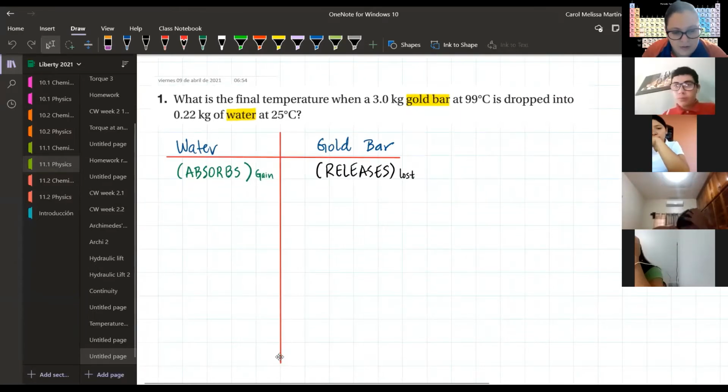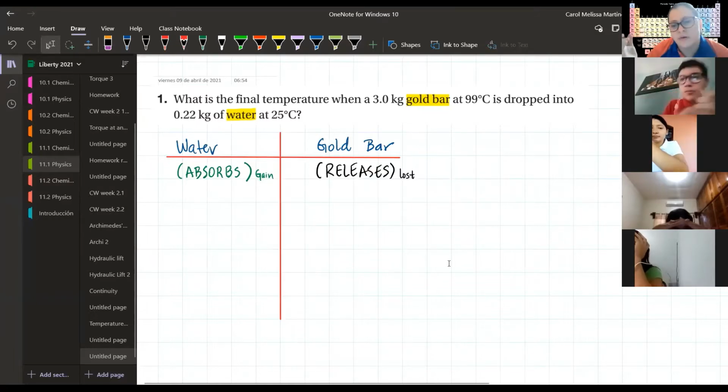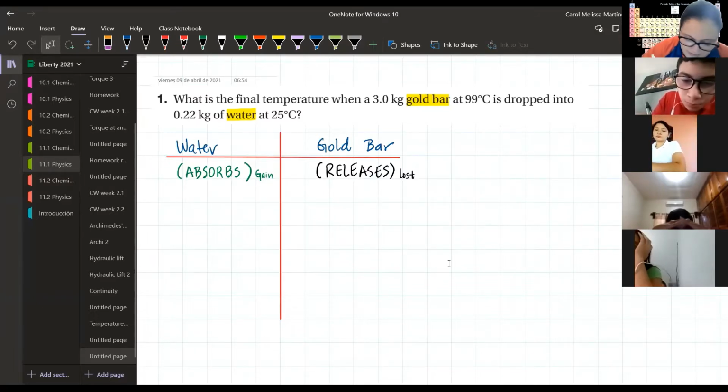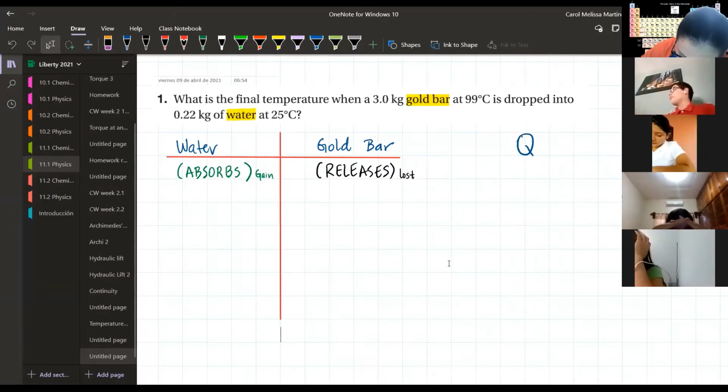Now, because we have two substances, you know that the formula that we must use is this one: Q gained equals negative Q released.